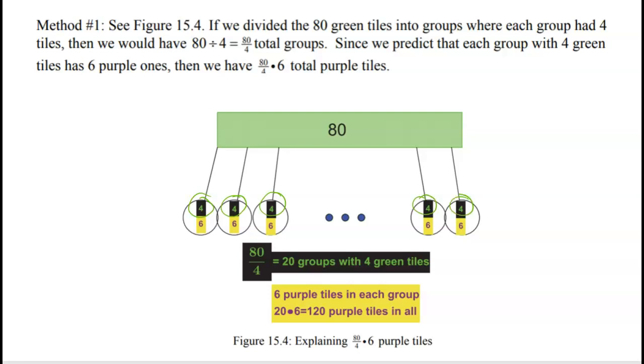We would have 80 over 4 groups, however many times we could do that. And then since we predict that each group with 4 green has to come with 6 purple, every time there was 4 green, there's got to be 6 purple with it. And so then we would have the expression 80 over 4 groups times the 6 total purple, and that is our first expression. Let's think of it another way.